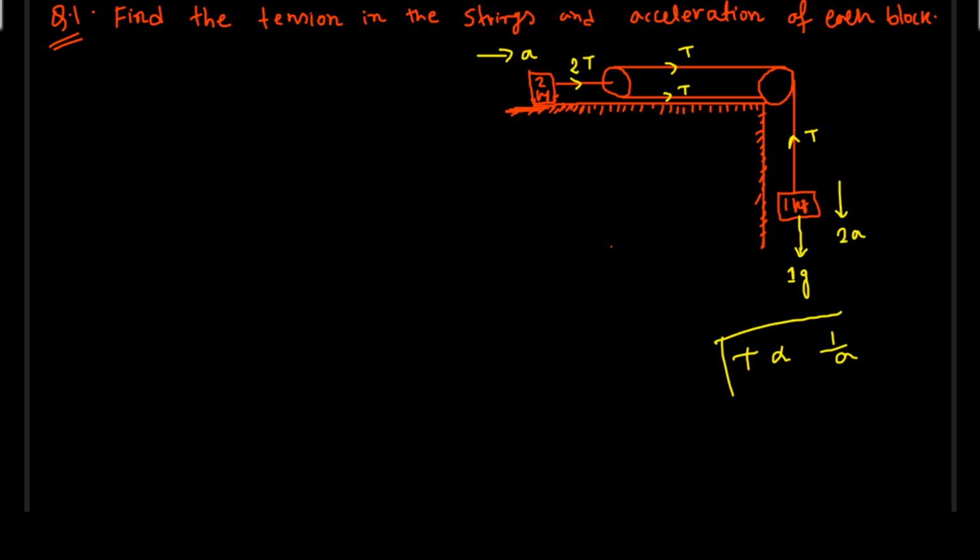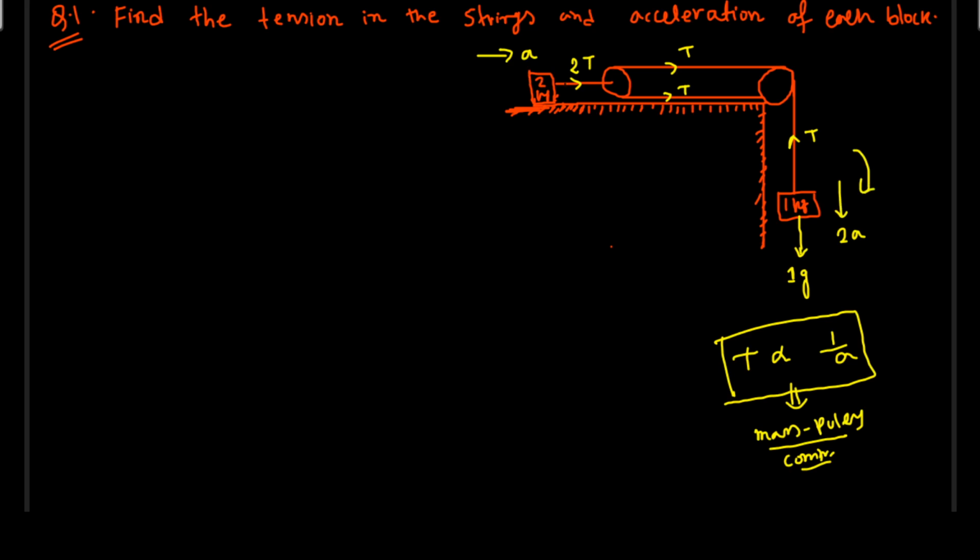This is only applicable for mass-pulley constraints, and I proved this with an example. Here the tensional force is twice the tensional force there, so the acceleration will be twice here.